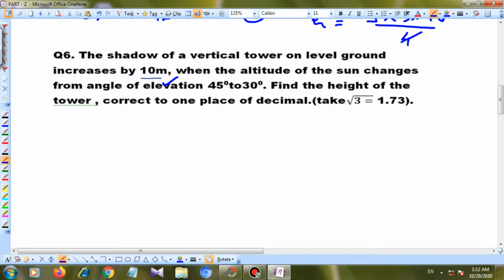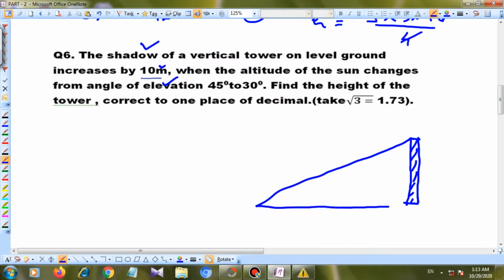So suppose this is our vertical tower. The shadow of the vertical tower on the level ground increases by 10 meter when the altitude of the sun changes from elevation 45 to 30 degree. So this is our angle of 30 degree and this is 45 degree.